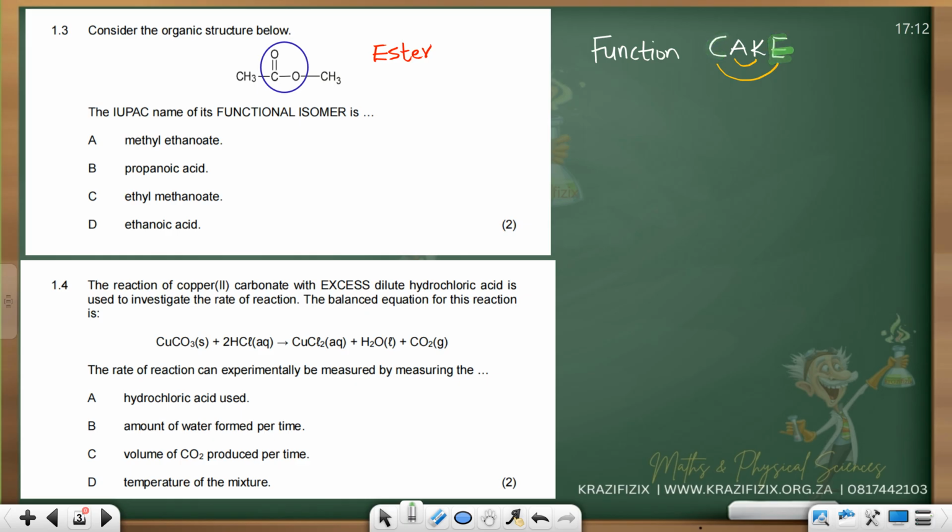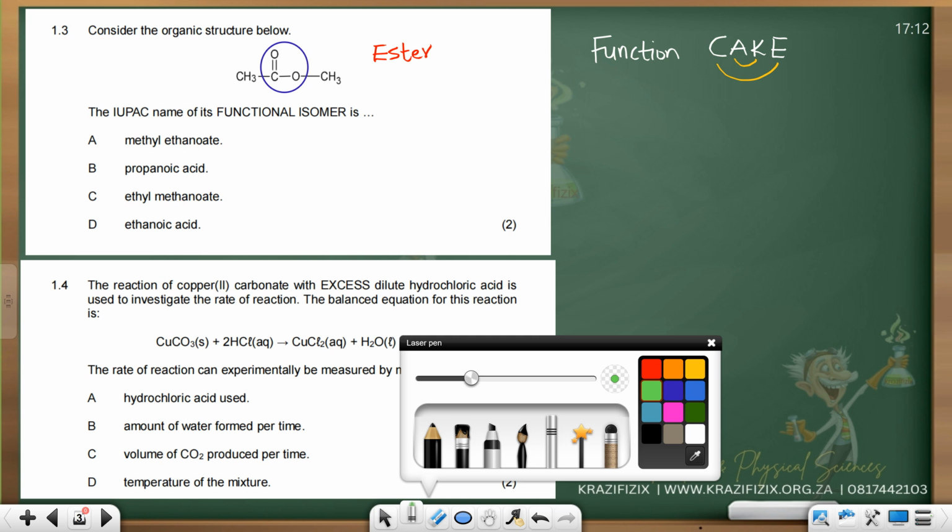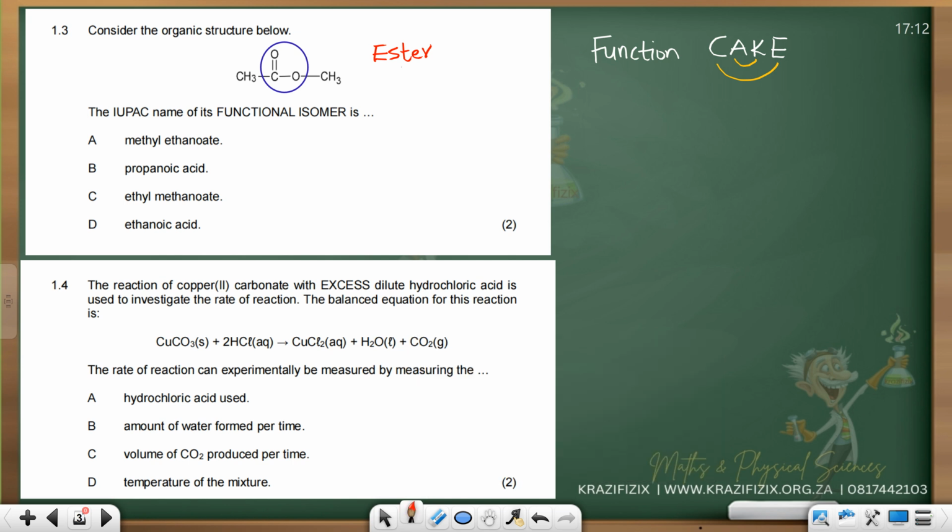Lovely. Carboxylic acid and esters, aldehyde, and ketones. So, I am looking at this ester with 3 carbon atoms. What is the name of the functional isomer? So the functional isomer of an ester is a what?